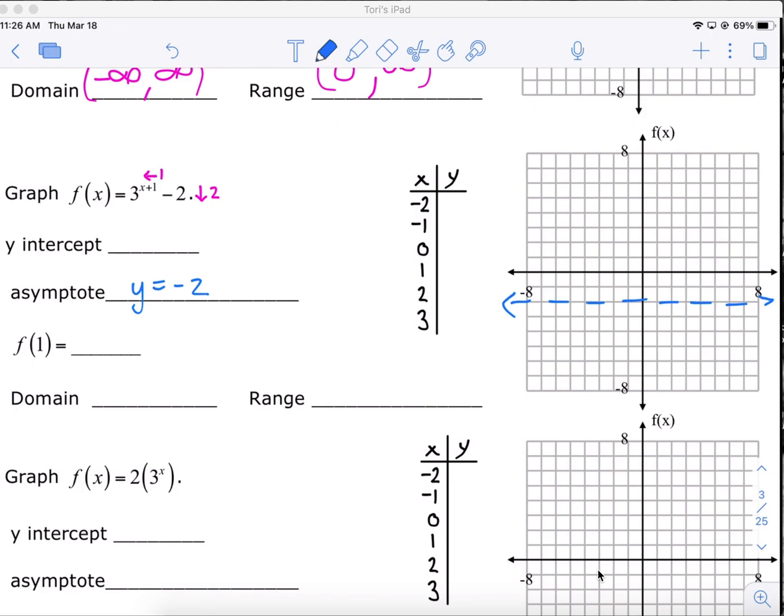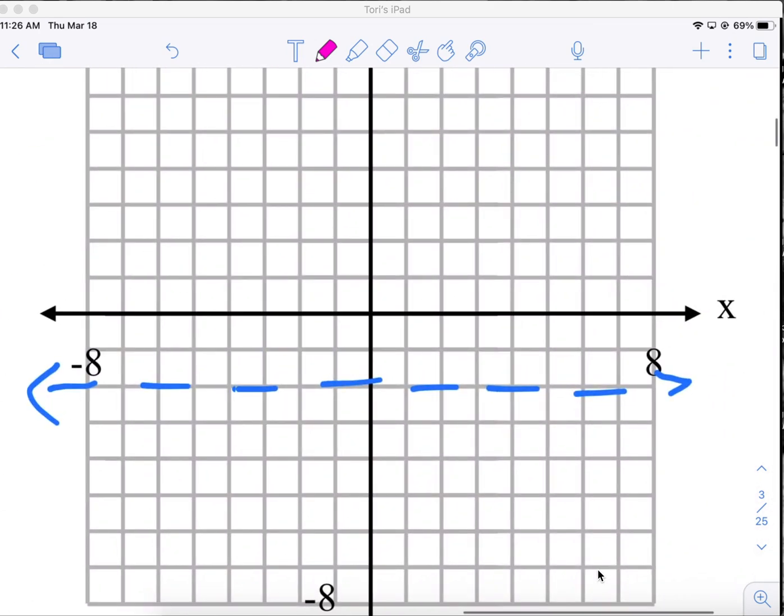Now, my pattern is essentially going to stay exactly where it was. All I'm doing is shifting those values one space to the left, okay? So I can do it with the table. I can also do it from a transformation perspective. So normally, we would say 0 goes to 1, except in this case, I'm going to move that 1 to the left. Normally, we would say 1 goes to 3.